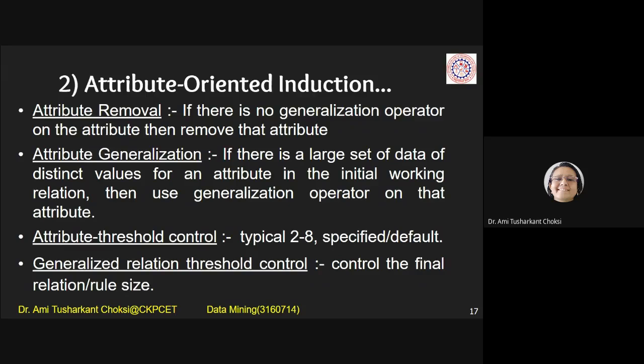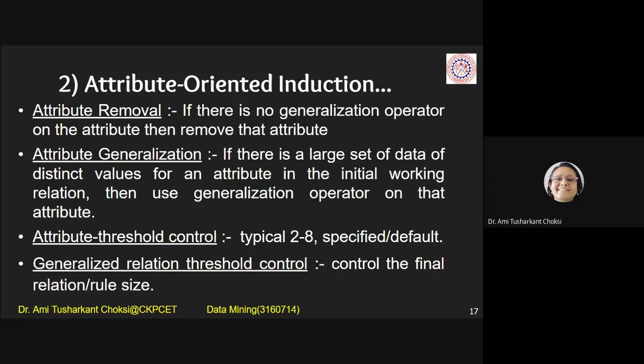Because what we want to do is the generalization, so there should be generalization available for that particular attribute. Suppose area, for that we do have the generalization available. But for any other attribute, like we were discussing, say year, then quarter, then weekdays, right?